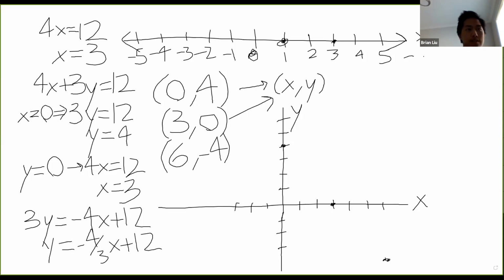Now we see that for any value of x, like say x is 3, x is 6, x is 5 or 4 or anything, we can put that value into this equation right here, and then we can get a corresponding value of y. And it turns out that those corresponding values of y are going to draw a line. Create a line like that. So all the points on this line satisfy 4x plus 3y equals 12.